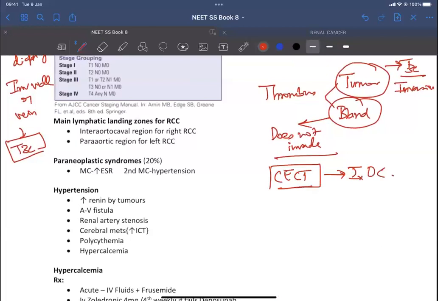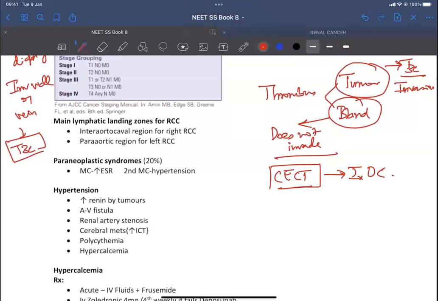And if you're able to visualize lymph nodes on the CT, then yes, we don't formally do lymphadenectomies unless you see any obviously enlarged lymph nodes, which you try and remove. But formal lymphadenectomy, which was a part of the traditional radical nephrectomy, is no longer performed as it provides no benefit in overall survival, apart from improving the staging.